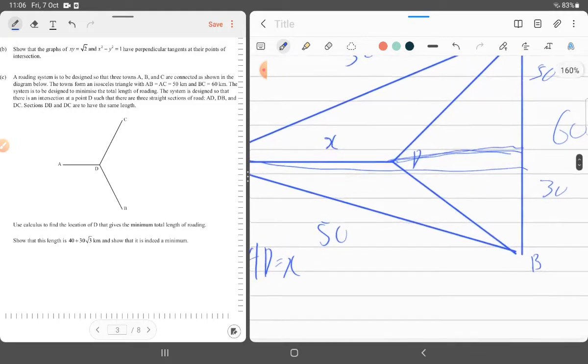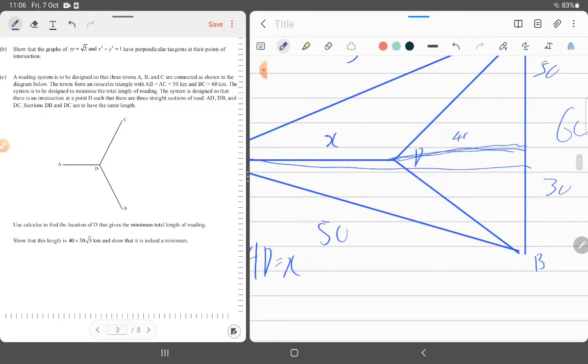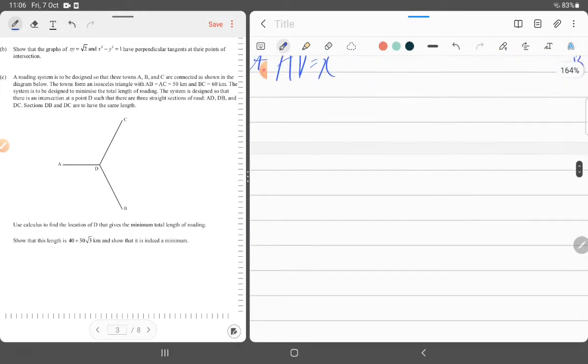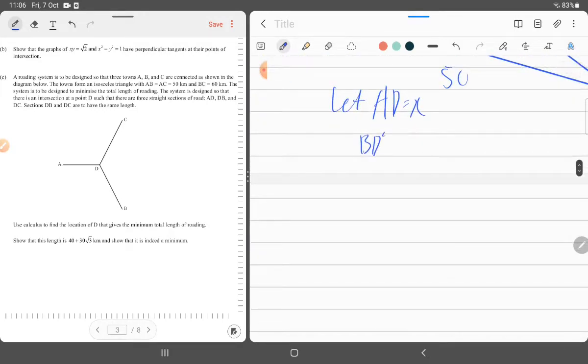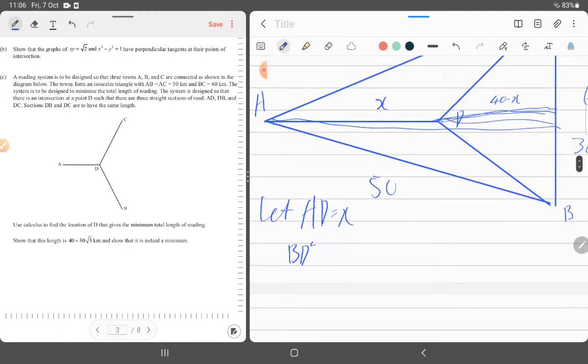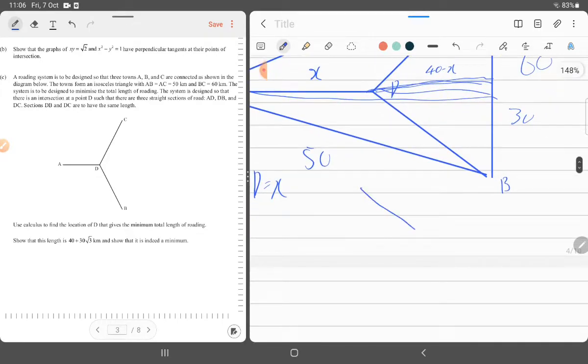Alright, so this is 40 take away X. Then BD squared: we can create this new triangle here, 30, 40 take away x, and BD.